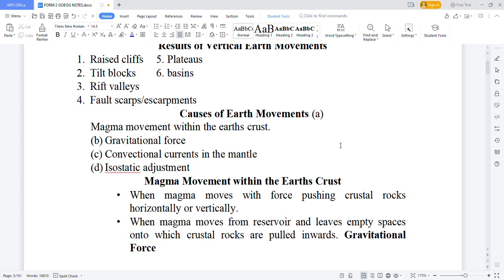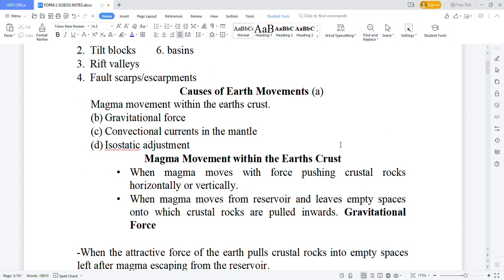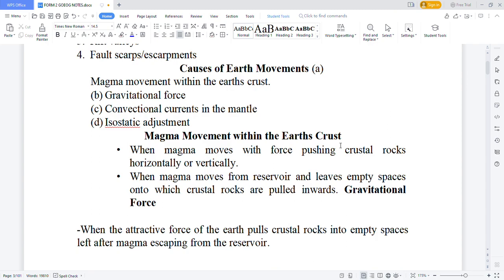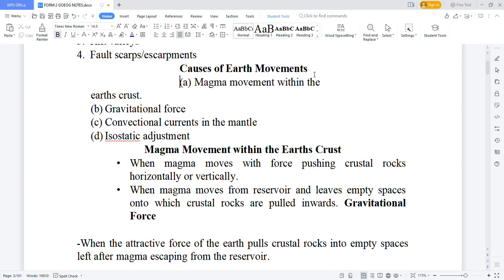What are the causes of earth movements? A, magma movement within the earth crust.